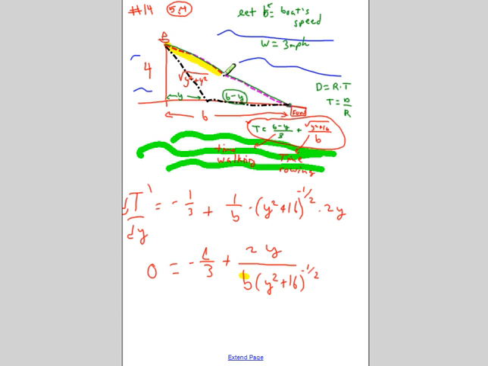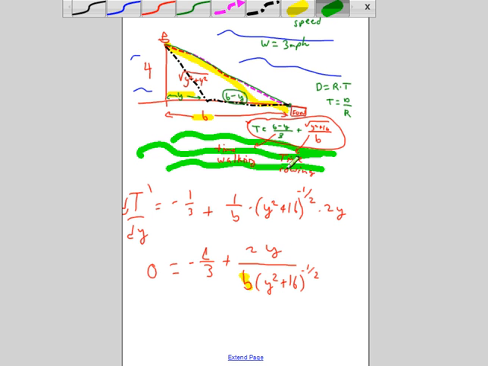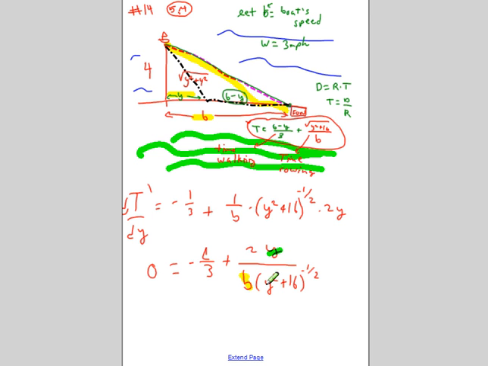And if we go straight to shore, then my y value would be 6. So the idea is we want to find the b that makes this a minimum when y is 6. So we're going to substitute 6 in for y.